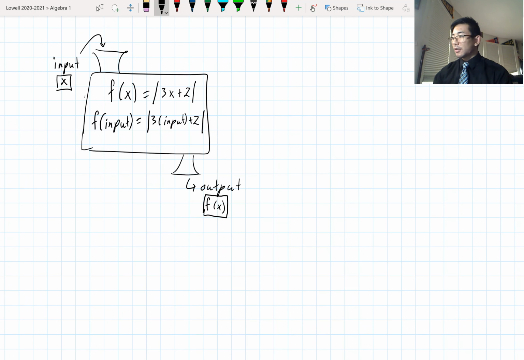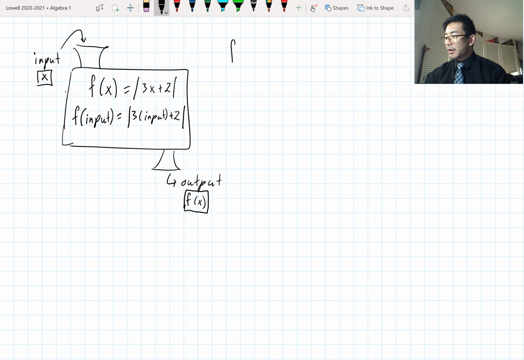And so let's just take a look. So maybe I want to figure out f of, I don't know, -6, suppose. And so now this means -6 is simply my input.